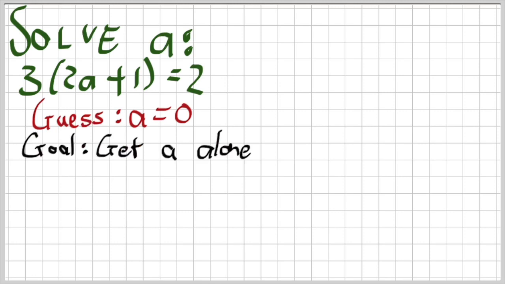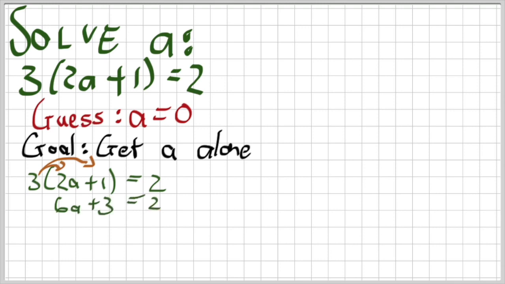Remember, our goal is to isolate a, so to get a alone. But before I can do that, I need to get rid of my brackets. So I'm going to apply some algebra by distributing the 3 into my brackets. Now I'm sitting with 6a plus 3 equal to 2.